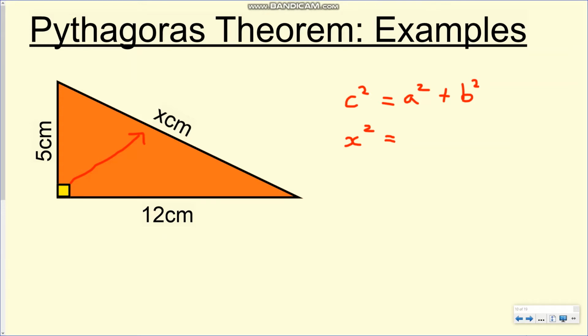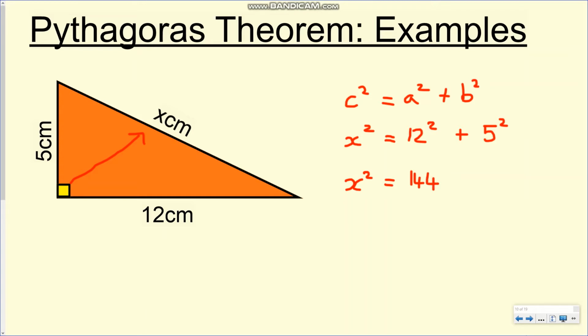Okay, a squared is going to become one of the other two sides. It doesn't really matter which one. And then b squared will be the other one. This would work exactly the same if I had chosen to put 5 first and 12 second. Using our squared facts, 12 squared, 12 times 12 is 144.